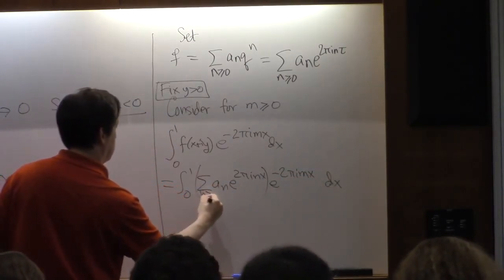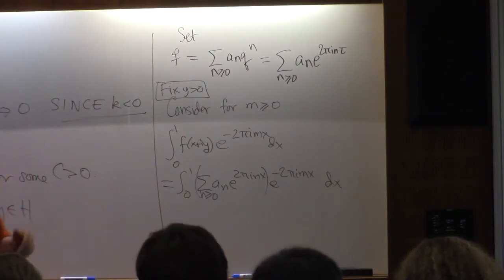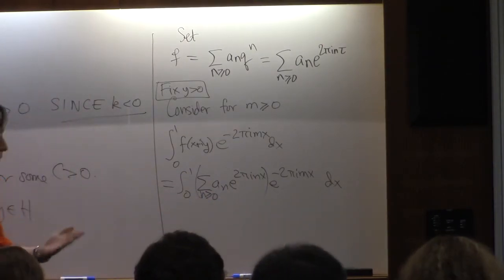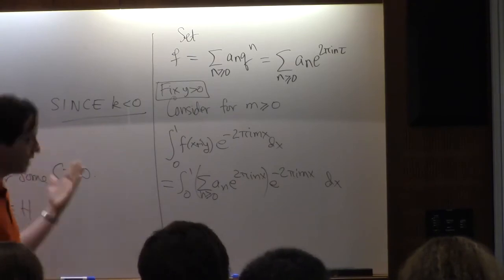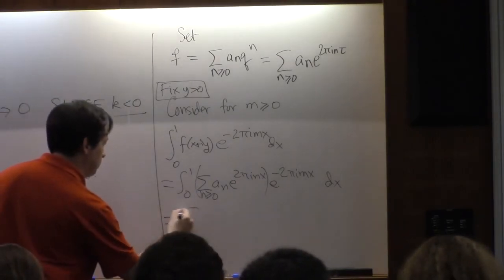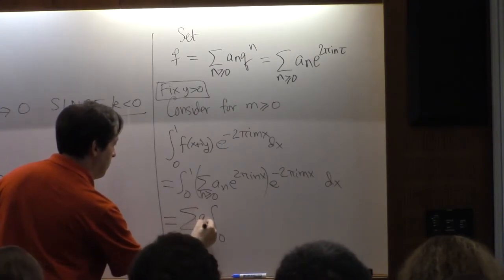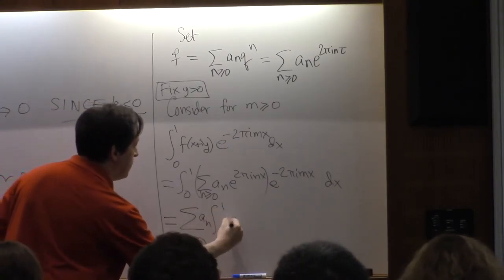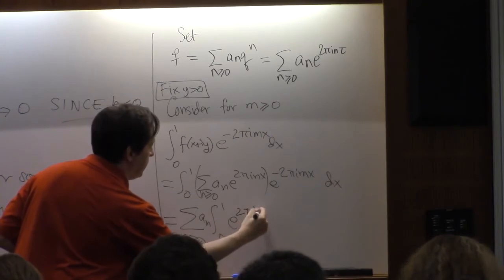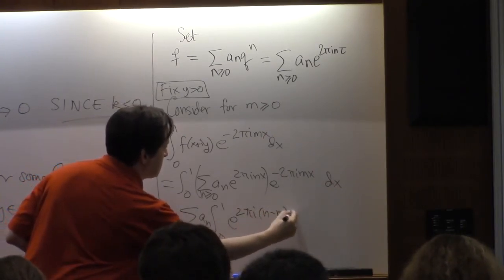And so if you put on your physicist hat, or you are a physicist, you don't need a hat, then you just swap the sum and the integral, integrate and pull out the constant a_n, integrate from 0 to 1 e to the 2 pi i (n minus m) x.